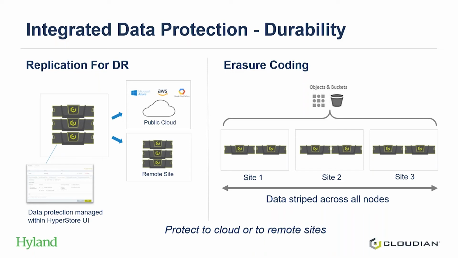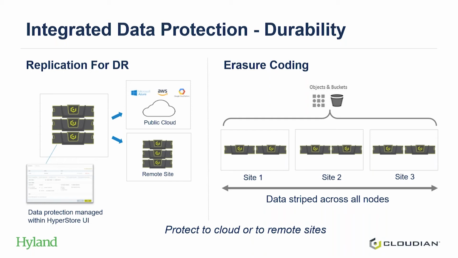So a quick view of that data protection. We're talking about healthcare data, which cannot be lost. We very commonly use replication, which is the left side of the slide, showing how we have multiple copies at remote sites or even in a public cloud.